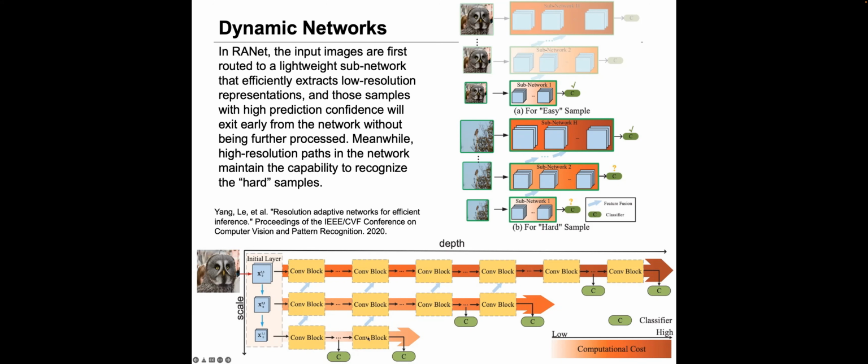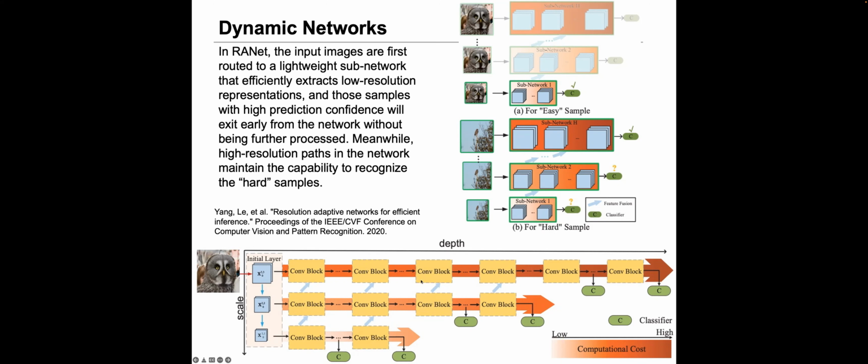If the network is not confident, which indicates the input may be more challenging, you have to go to the upper level, with higher resolution and more layers to make a prediction.